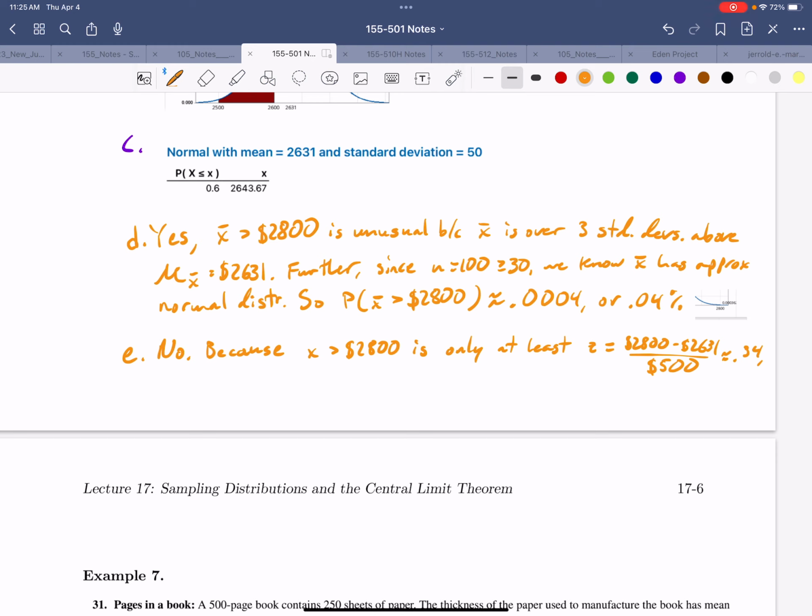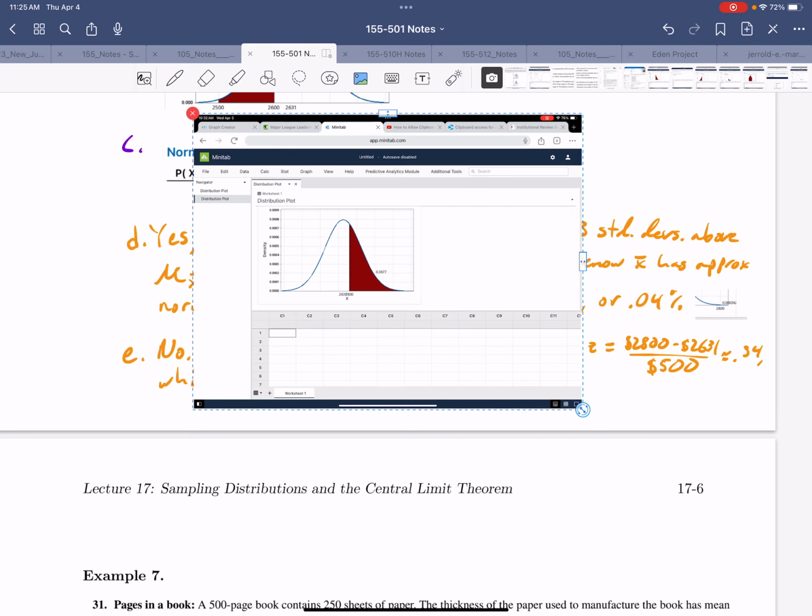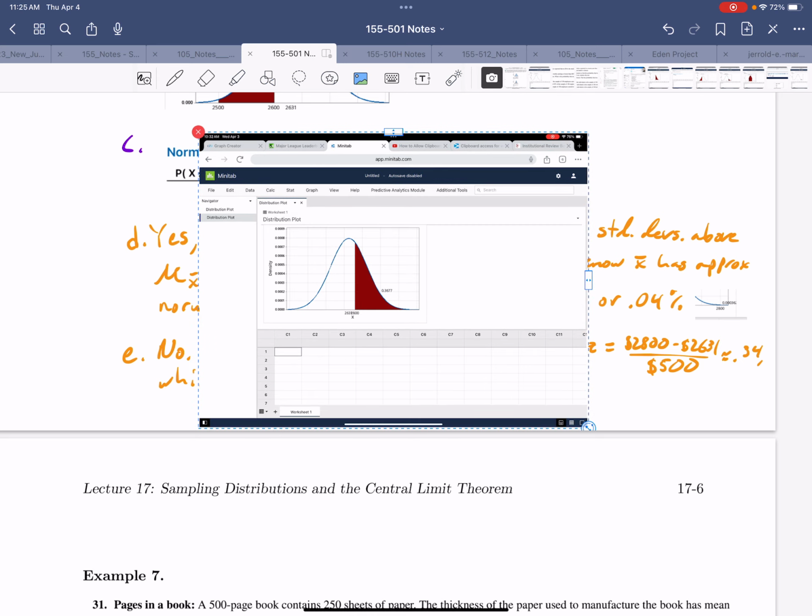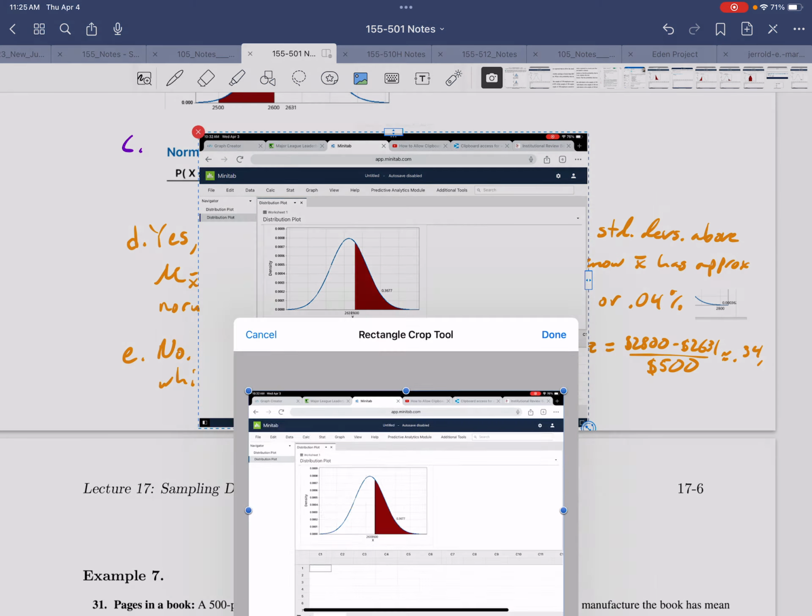Right, which has area roughly, and then I think we've got a picture of this. I think it's right there, about 0.3677, right, about 0.37.